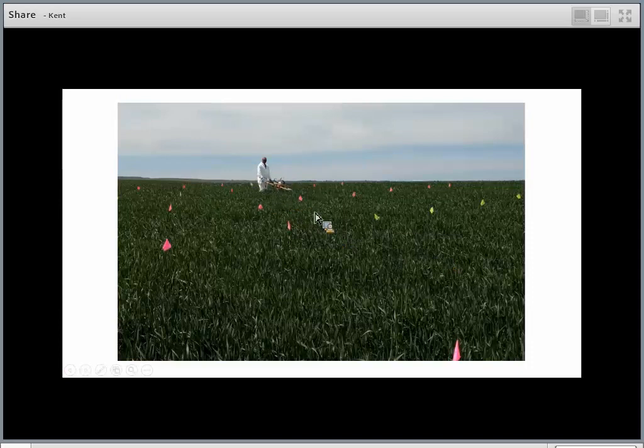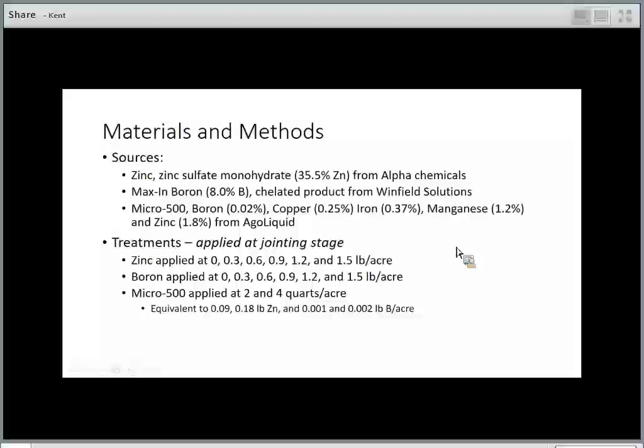And so we had a little hand cart with a spray boom on it, and we're spraying, I think it's 8 foot wide, and we come back with a plot combine and do a 5 foot wide swath through the middle. So we're overspraying, and then our plots are 10 feet apart, so we don't have to worry about cross-contaminating one plot with the next. But it's randomized complete block design.